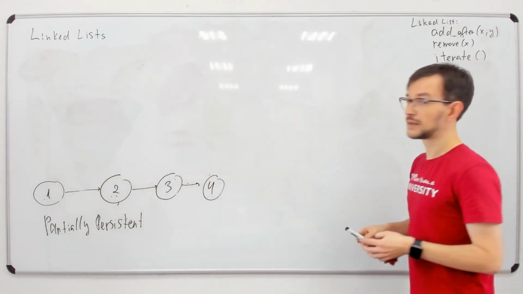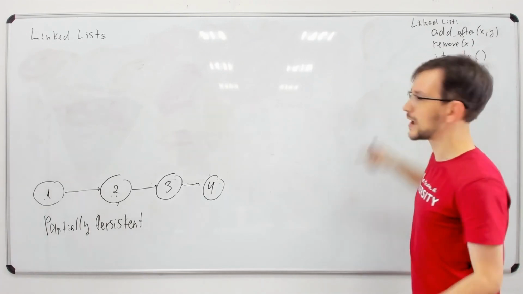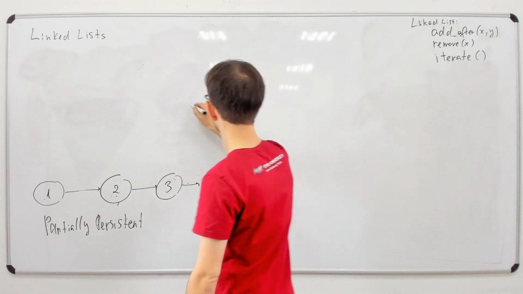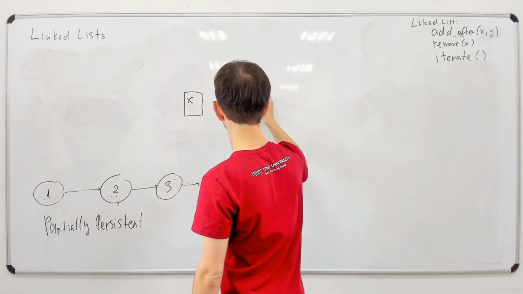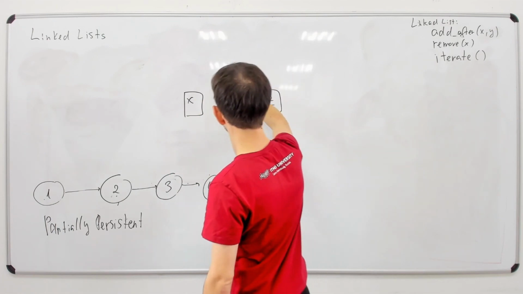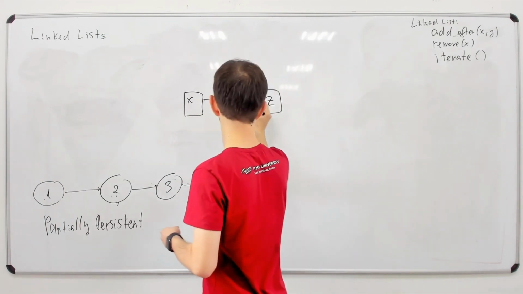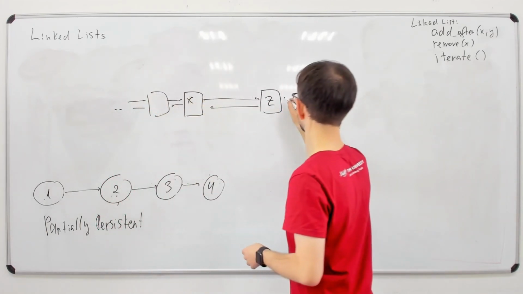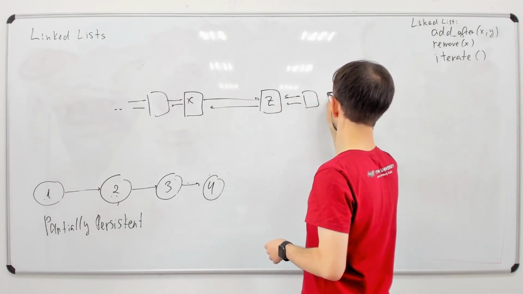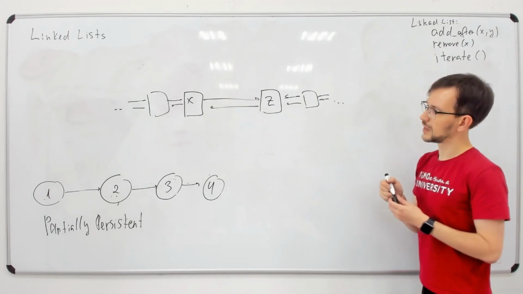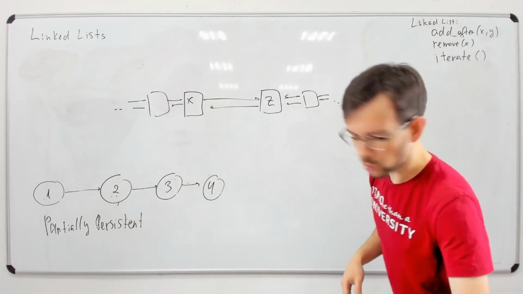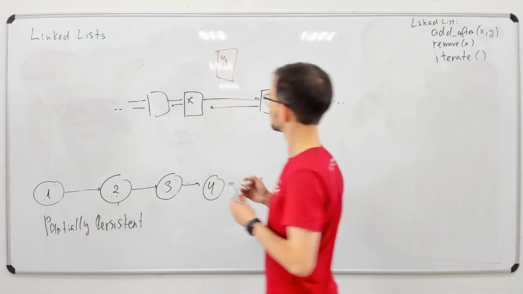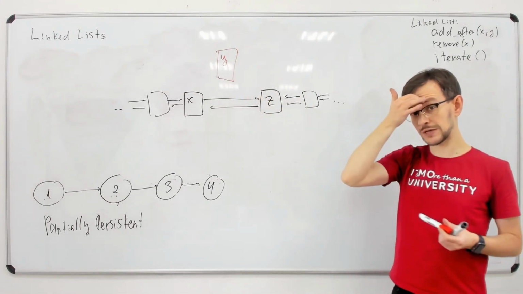Cool. Now, how to add new elements in the middle of the linked list? Well, let's have some element x, and this element z, and we want to add a new element y between them. So you have this part of the linked list, and you want to add new element y here, between element x and z.